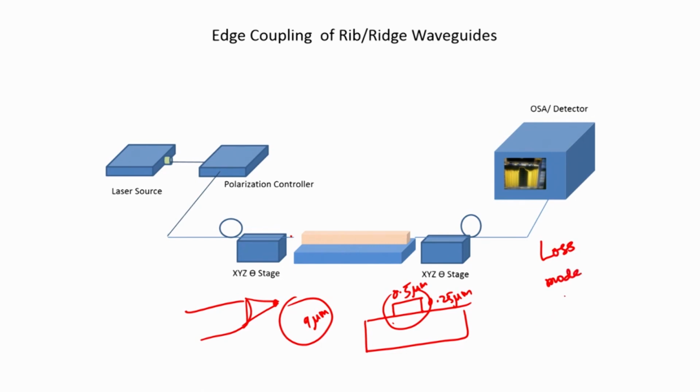In case we want to study the properties of this waveguide with operating wavelength, then we need a tunable laser source, and an optical spectrum analyzer is a very versatile device which can be used to display the whole spectrum of light coming out of this. Otherwise, it is also possible to have a conventional screen to image the beam coming out of this. For example, we can observe the mode spot on a screen and correlate this with the properties of the modes in the optical waveguide.